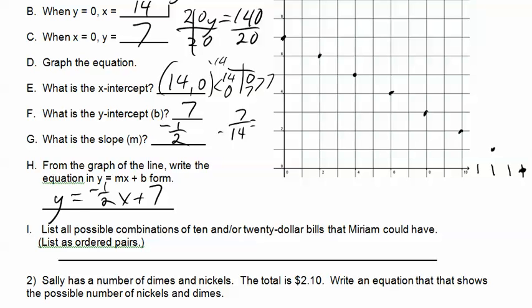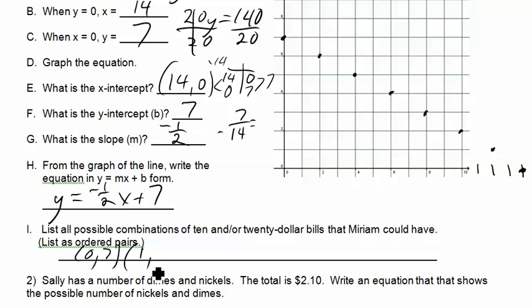All right, now the last part of this says to list all possible combinations of $10 and or $20 bills that Miriam could have. List as ordered pairs. So if x is 0, y is 7.